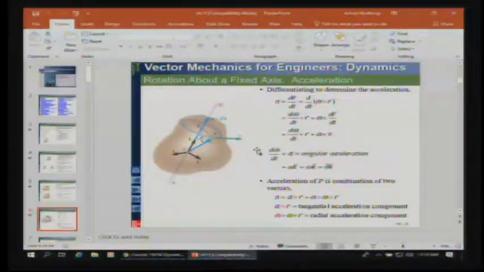We have a d omega dt, which represents the change in the angular velocity, crossed with r, which once again is that position vector, plus omega crossed with v. All right? And this term, d omega dt, because it's in terms of radians per time squared, is equal to alpha, which is an angular acceleration.